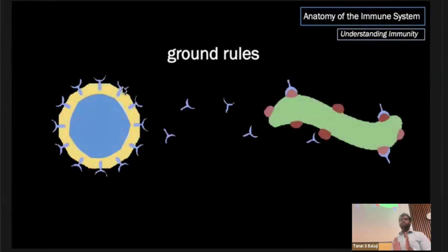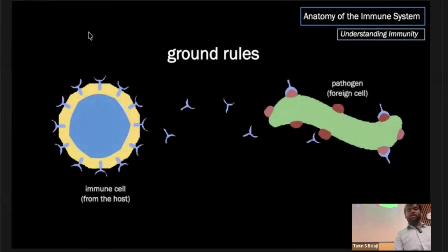So let's establish some ground rules over here. You've got cells that belong and that don't belong to your body. Simple as that. These immune cells are from us, the host. You've also got pathogens. These cells are foreign. We don't like these. Our body likes keeping its own cells safe.